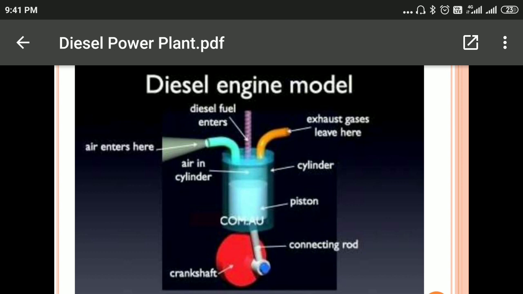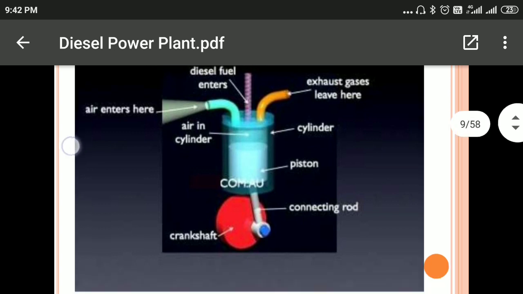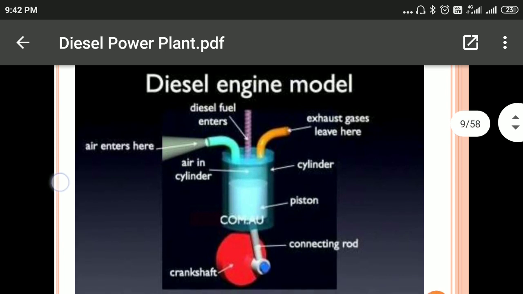Fuel is mixed with the air at the end of the compression stroke, and due to the high compression ratio the fuel ignites itself, and we get the power stroke where the crankshaft is rotated, meaning mechanical energy is produced. After that, the exhaust gases at the end of the power stroke leave the cylinder and, with the help of the silencer, leave into the atmosphere. So this is the basics of the diesel engine model.